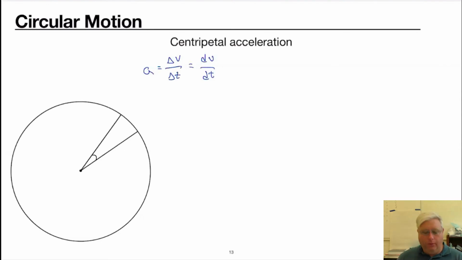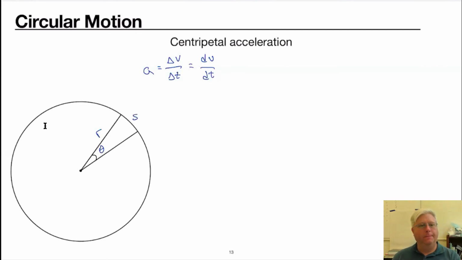Okay, so what is dv? Well, we know here that from the circle we have this angle theta, we have this radius r, and this arc length s.